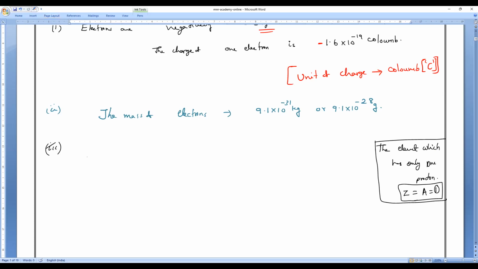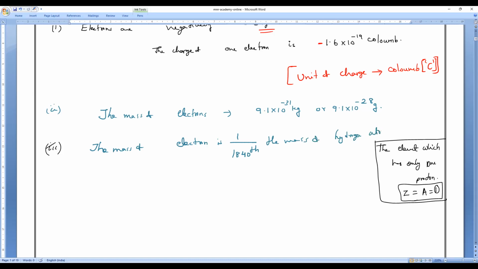So compared to one hydrogen atom, you all remember, the mass of an electron is 1 by 1840th, approximately, of the mass of a hydrogen atom.